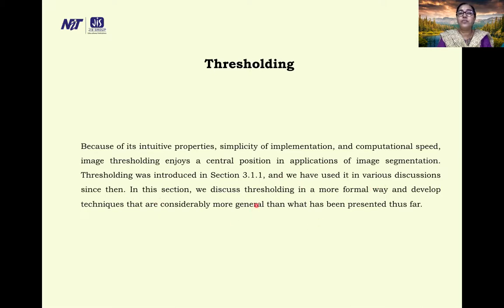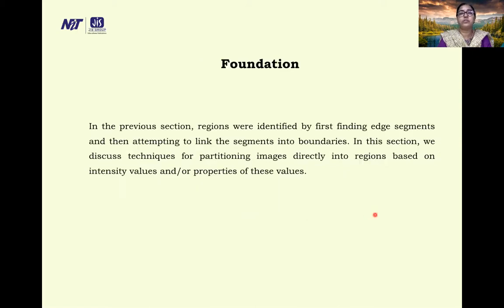In this section, we will study a more formal way of developing techniques that are considerably more general than what happened in previous sections. Now foundation. In the previous section, regions were identified by first finding edge segments and then attempting to link the segments into boundaries. In this section, we will partition images based on intensity values and properties of these values.